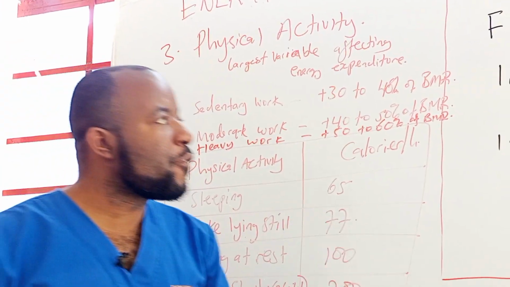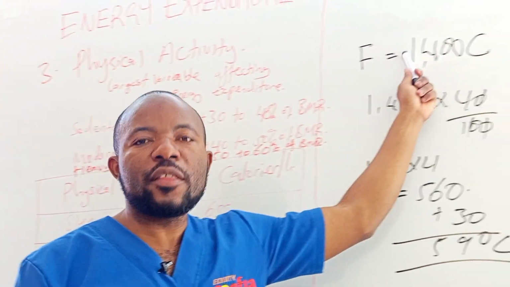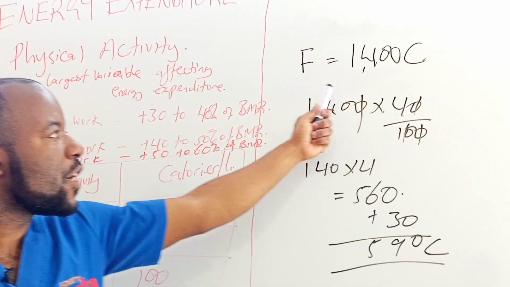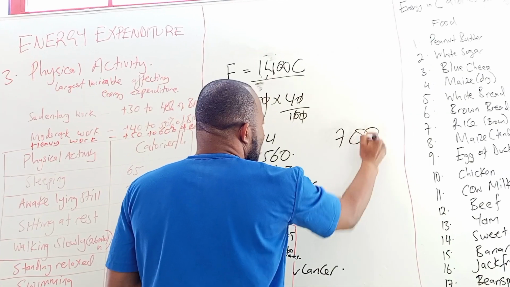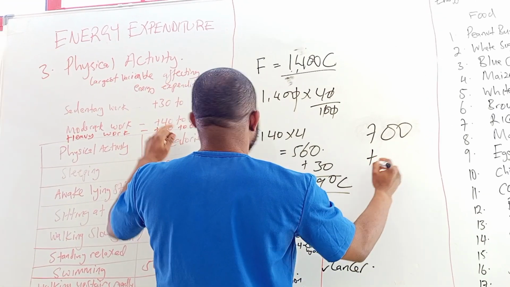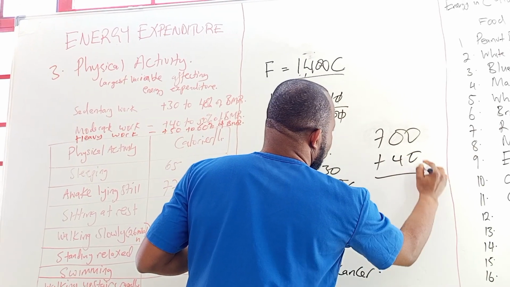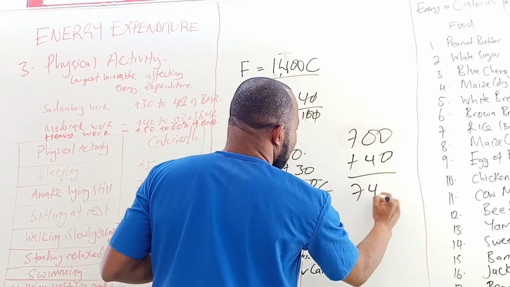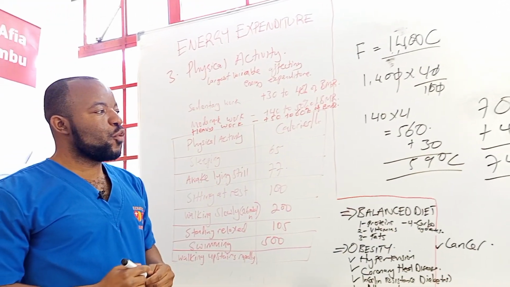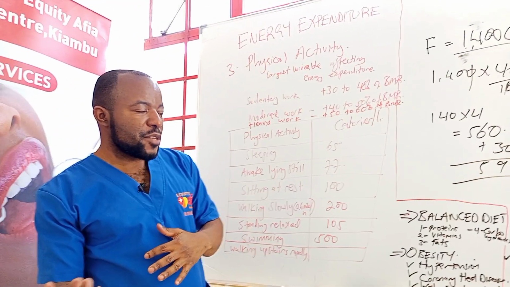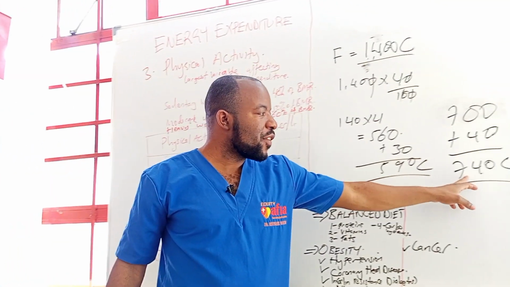So if you are a female, basal metabolic rate is 1,400. So 50% will give you 700 plus 40. That will give you 740 calories. So a female who sits and walks at the same time but doesn't sweat needs only 740.